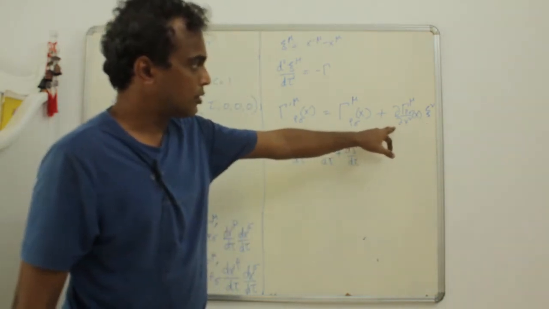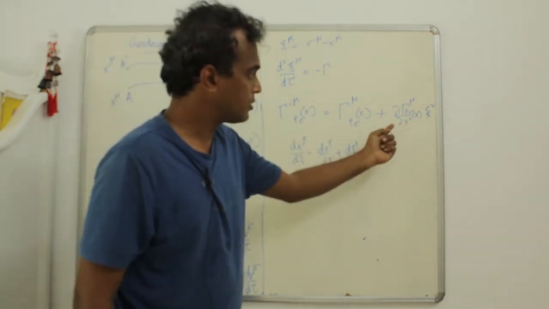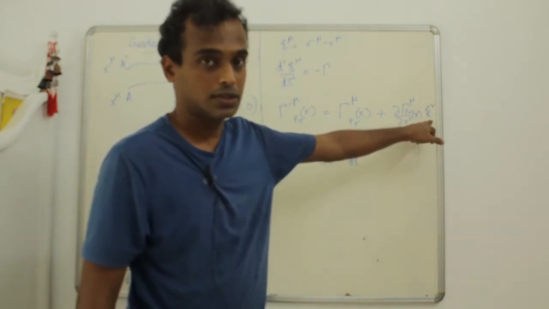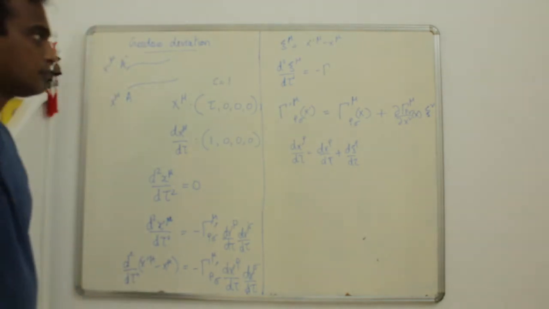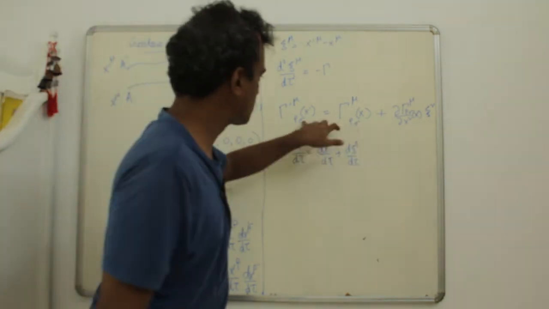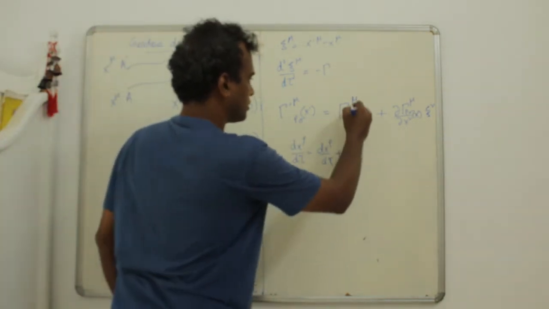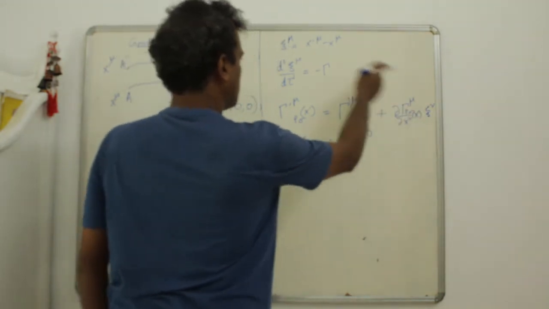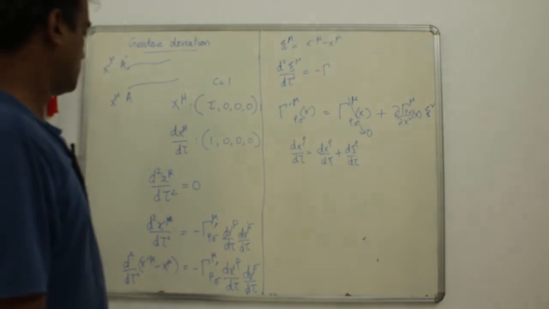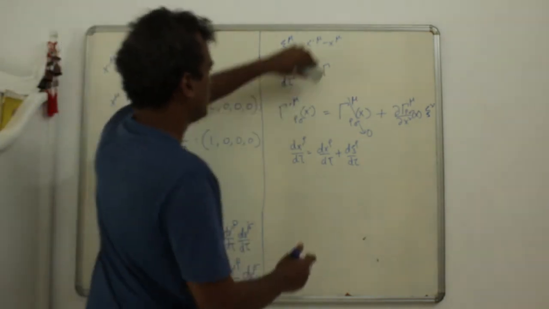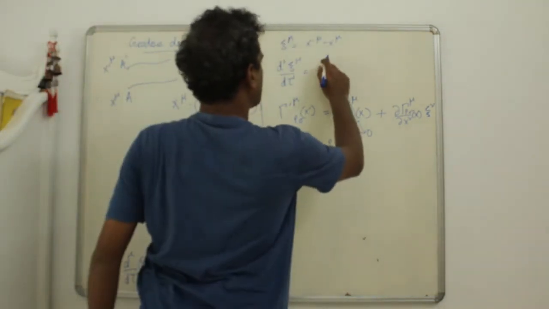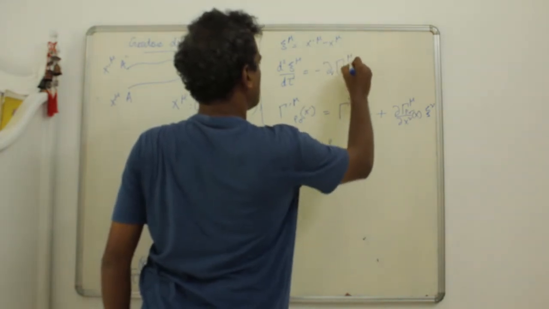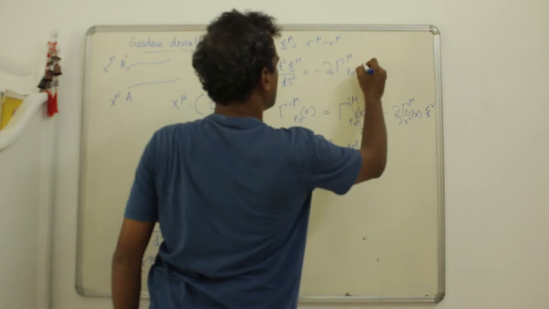The first non-zero term in the Taylor series comes from the term that is proportional to psi nu. Now, since this is 0 and this is the only non-zero term, I could substitute that here. What I get is del nu gamma mu rho sigma.